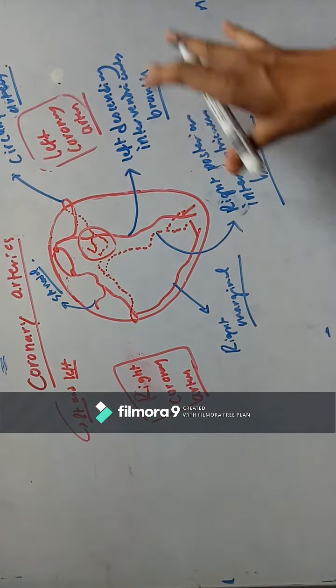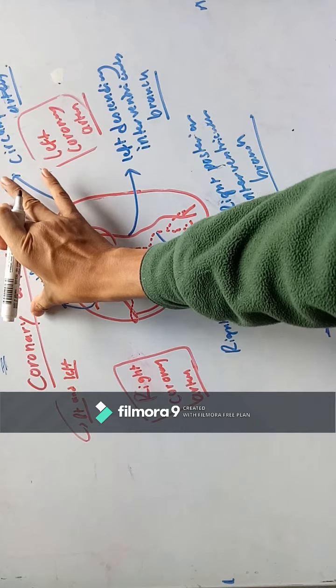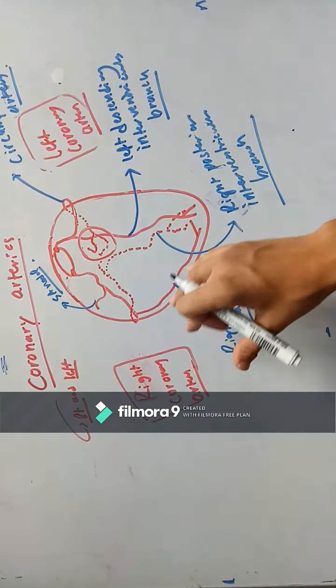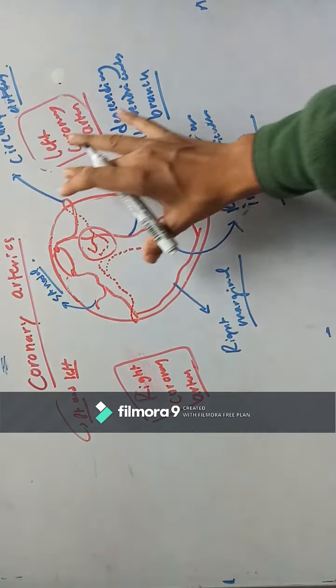So these are the important branches of the coronary arteries. These arteries supply oxygenated blood to the heart muscles.